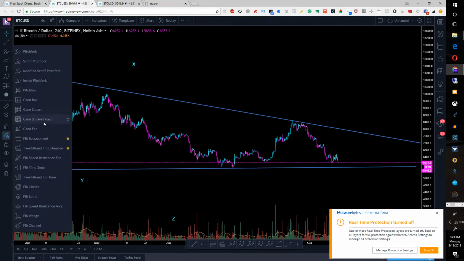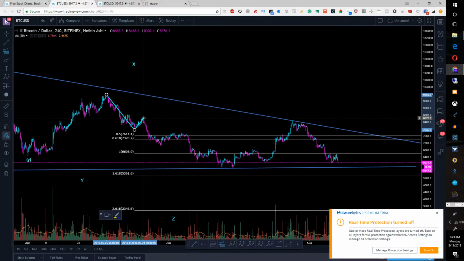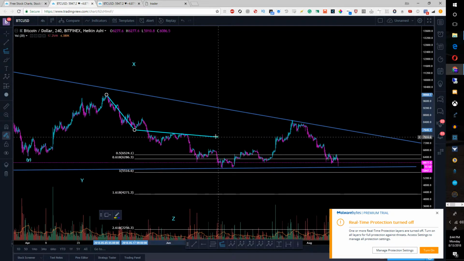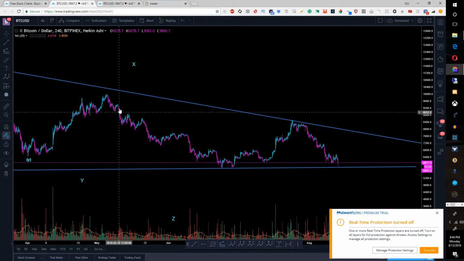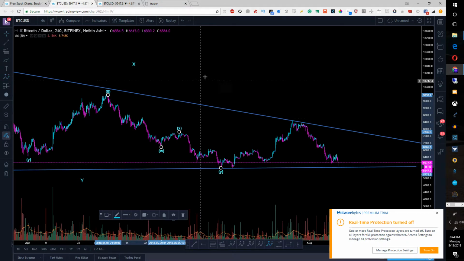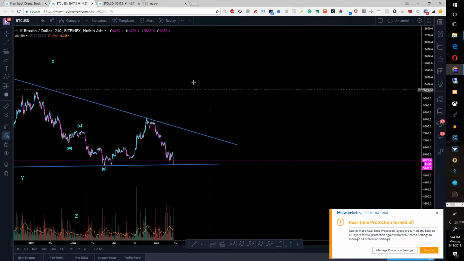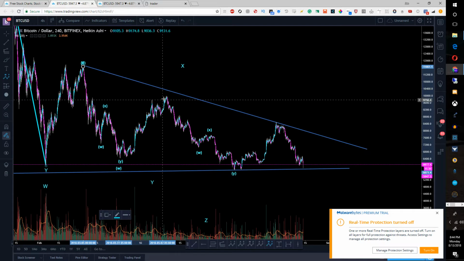But if that was the case, wave 3 in Elliott wave theory is never the shortest and is most commonly the longest, as you'll learn. And right here it is the shortest of the 5. So this would have to be another WXY, therefore making this right here another zigzag structure, which I will label as such.